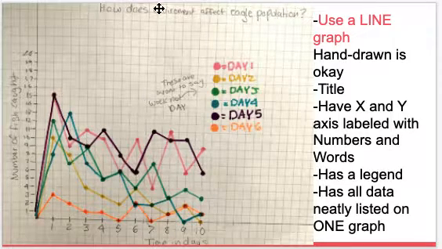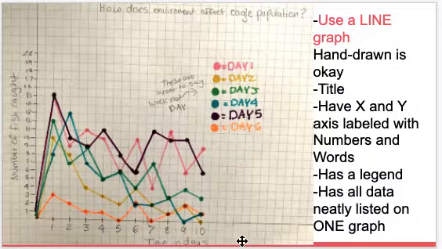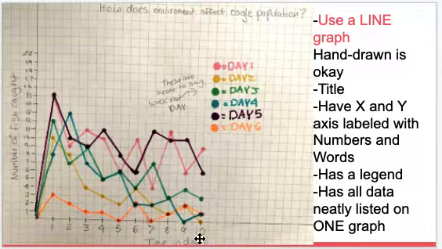But you should make sure that you have a descriptive title. Make sure that you have an x-axis, and that on the x-axis you have numbers and a description of what those numbers are. For her, she had numbers and she said time in days. For most of you, the x-axis will be time.